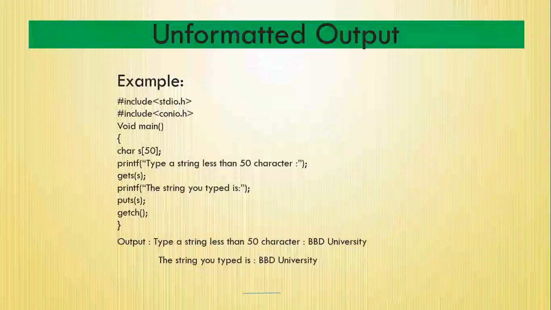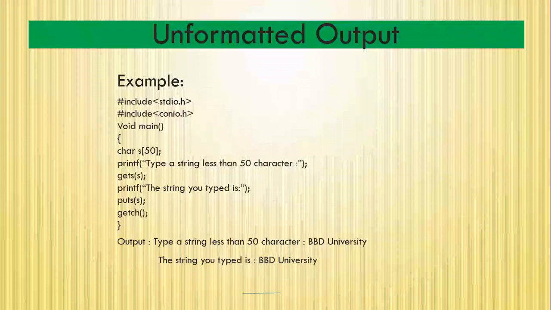I print a message: type a string less than 50 characters. gets reads whatever string you type with the help of your keyboard. You have to type fewer than 50 characters because the size specified here is 50.